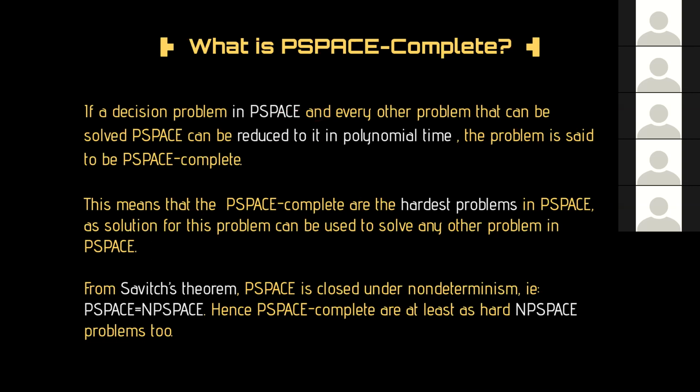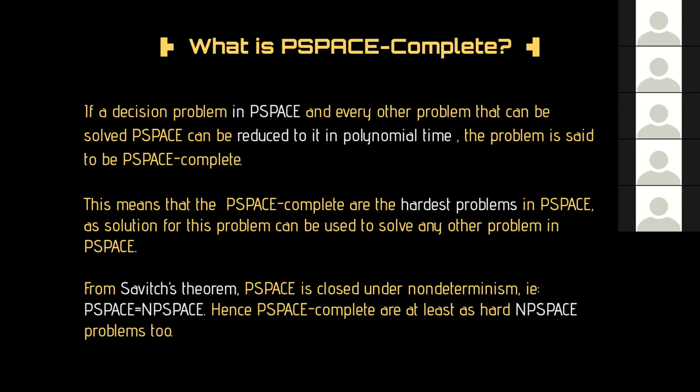And if every problem in PSPACE can be reduced to a particular problem, then that problem is called PSPACE hard, which means that every problem can be reduced to that problem.